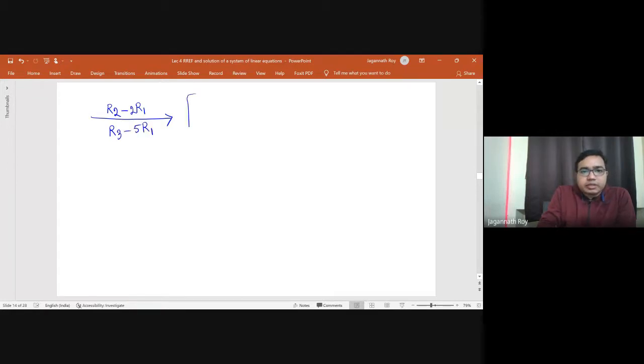If you do that, you will get 1, 0 and 0. After that 0, 2 and minus 3, and then 0, minus 3 and 1, and on the right hand side you will get minus 1, 9 and 14.